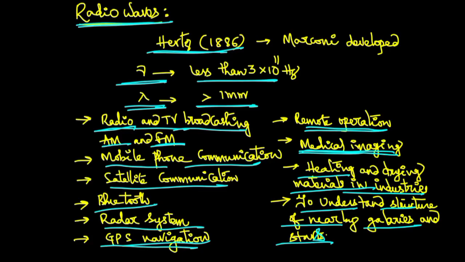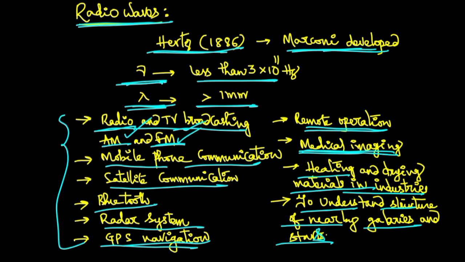Radio waves were first discovered in 1886 by Hertz, and developed by Marconi, and the frequency is less than 3 into 10 power 11 Hz, and the wavelength is greater than 1 millimeter. And the uses are radio and TV broadcasting, and in amplitude modulation and frequency modulation, radio waves are used.